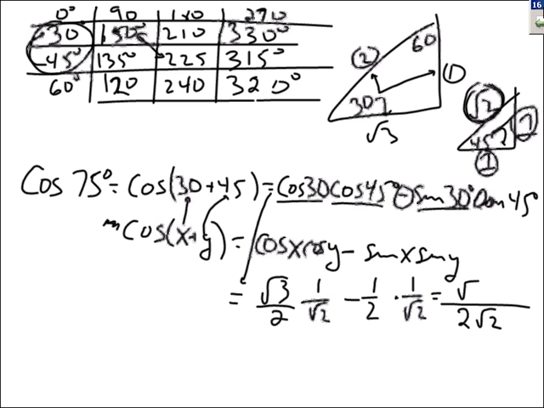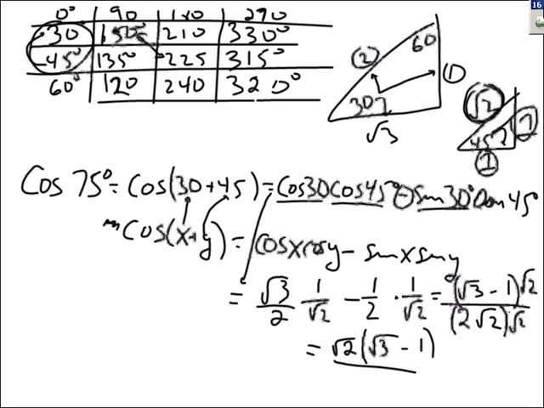The numerator, square root of 3 minus 1. If you multiply the bottom by square root of 2, you have to multiply the top by square root of 2. So the top is square root of 2 times the square root of 3 minus 1. The bottom is, well, square root of 2 times square root of 2 is 2, times another 2 is 4.